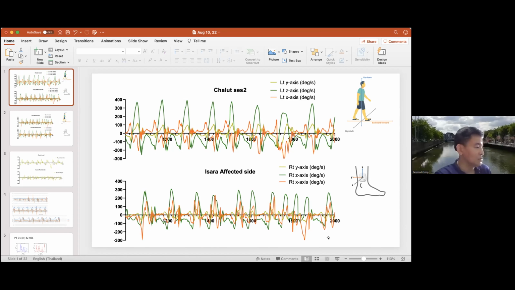Because if not, people will ask you. What I can see is, if you look at the healthy one, the dominant motion is in the sagittal plane, in the z-axis. But in the stroke patients, there are two axes, the z-axis and the x-axis, that are affected. Now in terms of the y-axis, I don't know whether there is any difference between the healthy and the stroke patient.